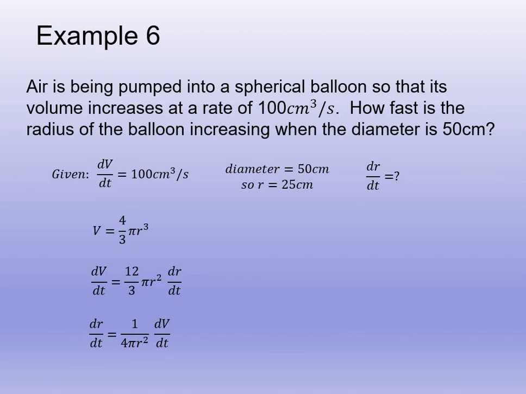So we're going to take dV/dt and divide it by 4 pi r squared. That's how everything gets on the bottom there. Once we do that, we substitute in our given values. We know what dV/dt is, and we know what r is. So we substitute in our given values, and we find that dr/dt is 1/(25 pi).